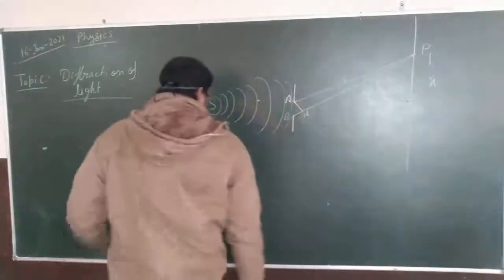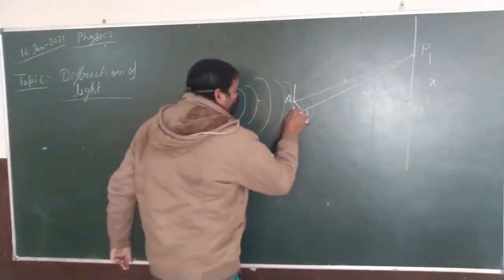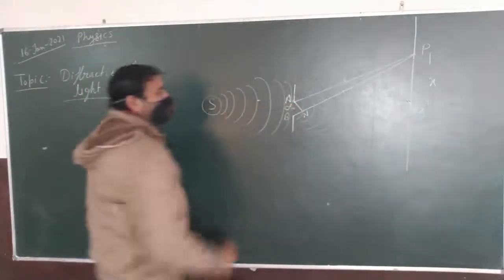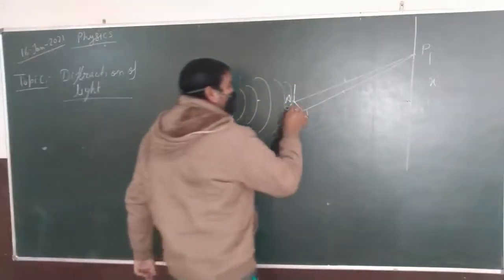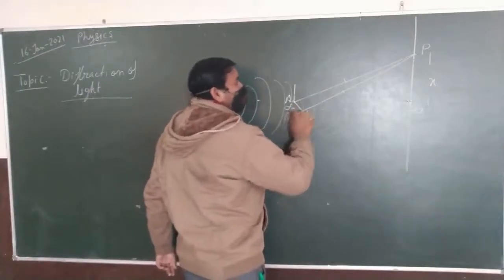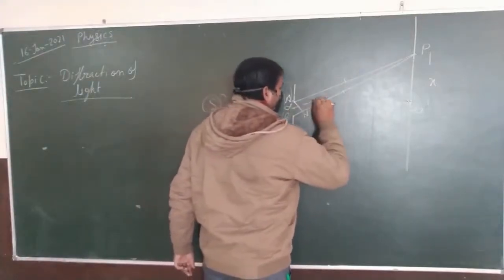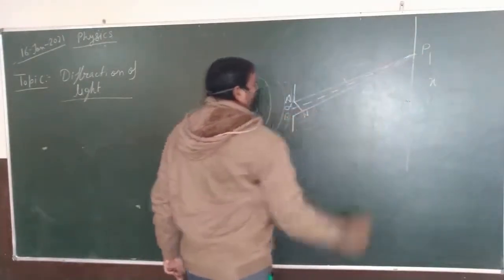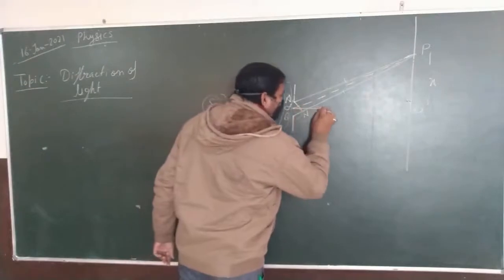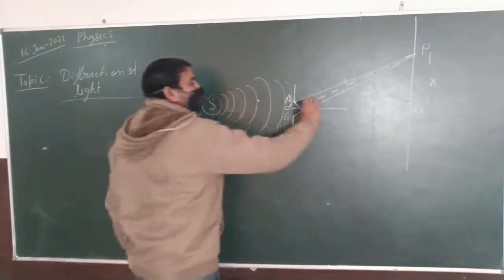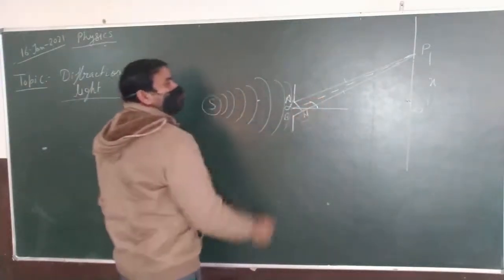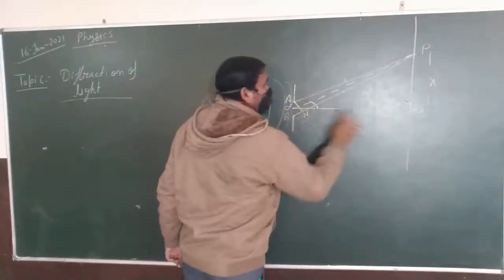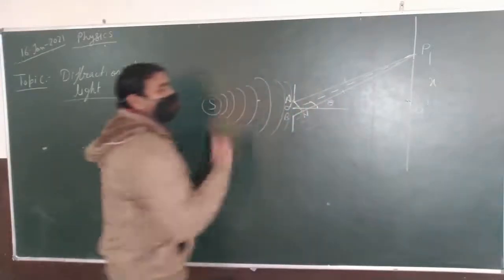For calculating this, this is the central point, let's say O dash. So when we join this O dash to P, the angle between the central line O dash and O dash to P is theta.